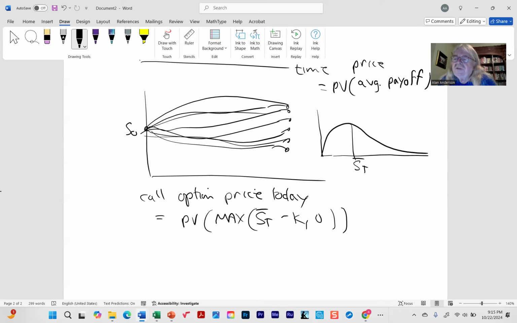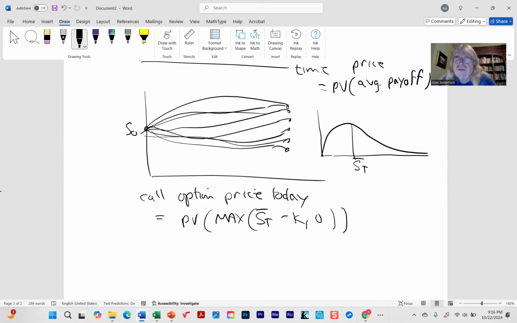We often check our model against a Black-Scholes price. We'll start by doing a European call option whose Black-Scholes price is known, and we'll run these paths and see how close we're getting to the true Black-Scholes price.